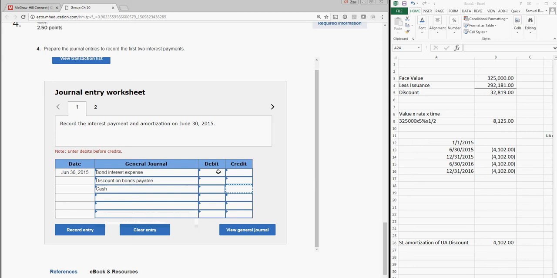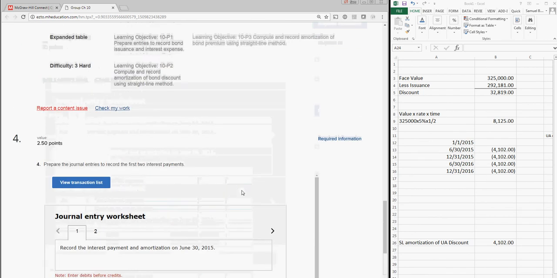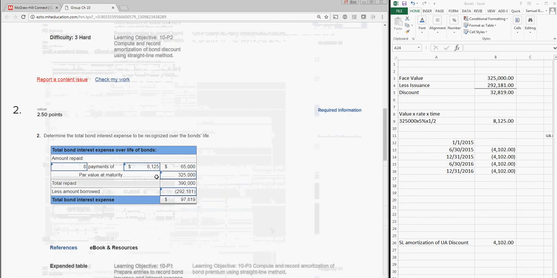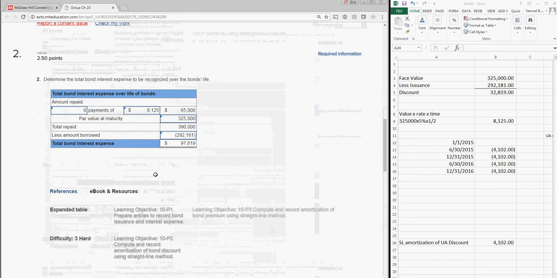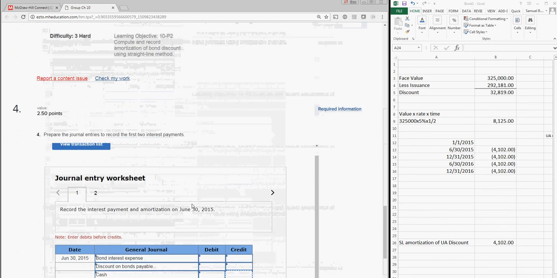Well, I think I've pretty much figured all this out already. The bond interest that I'm paying out in cash, if I go up to my top chart, says that I'm going to pay $8,125 every single period.